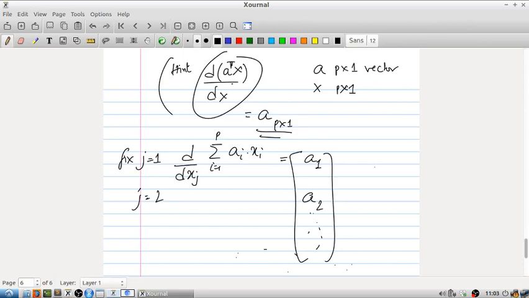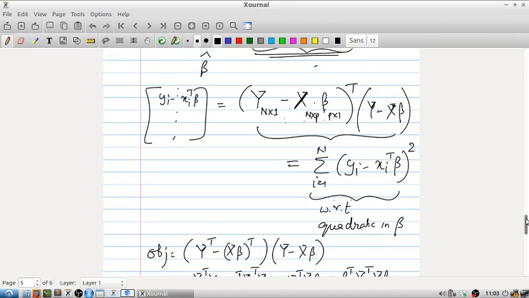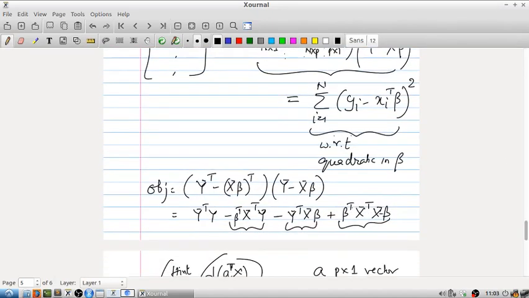Similarly, in the previous expression, this term is an inner product of two vectors, beta and something else. The something else is X transpose y, but you can just think of this whole thing, the matrix X transpose times the vector y, as some A, because it's not a free variable.